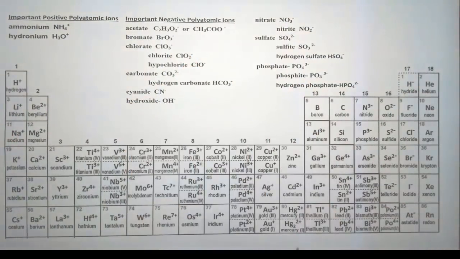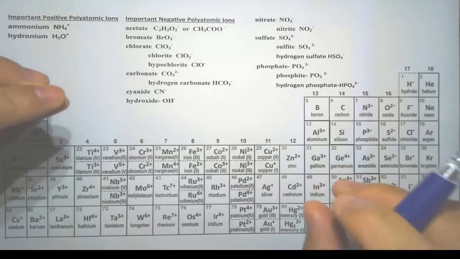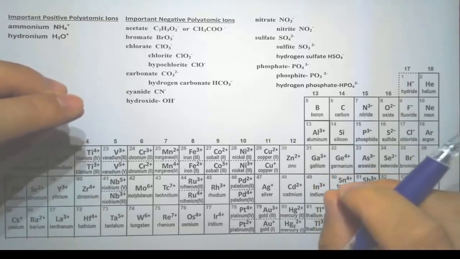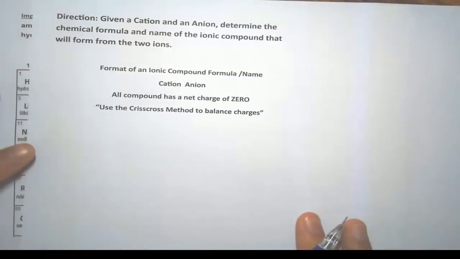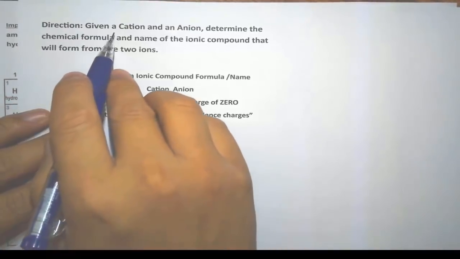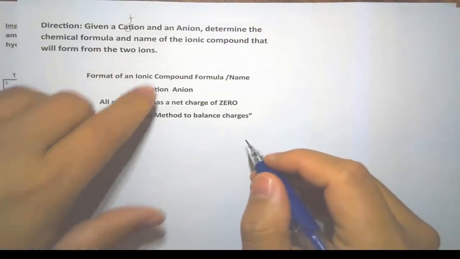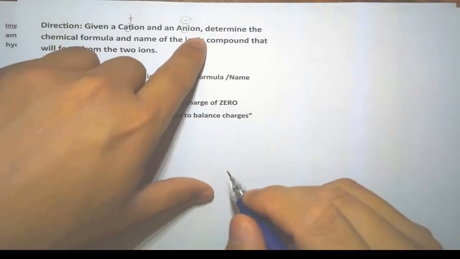And in today's lesson, we are going to look at how we can use the charges of ions to determine the chemical formula and the name of the ionic compound that will form from the 2 ions. So here's the basic instruction, okay? You are going to be given a cation, which is the positive ion, and an anion, which is the negative ion.